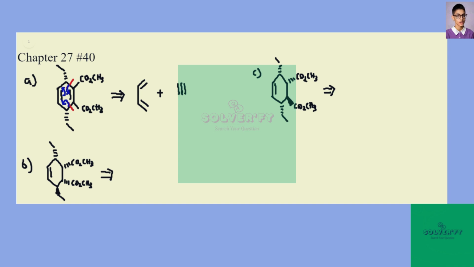And so let's put the C's in. That's fairly straightforward. And then since we know that we have that in the alkyne, we can go ahead and fill in the rest of the alkyne. It's going to be CO2CH3 and CO2CH3. So there's our alkyne for A.